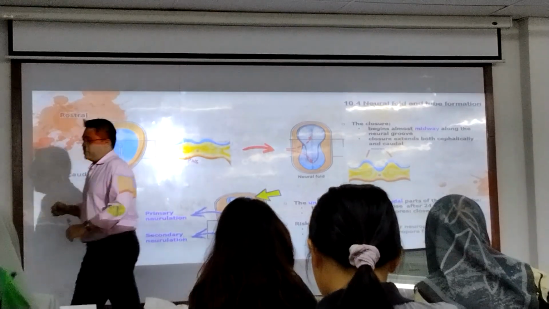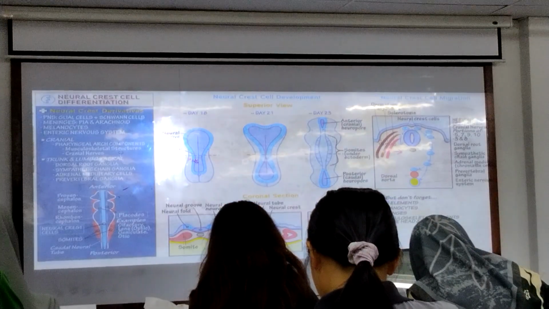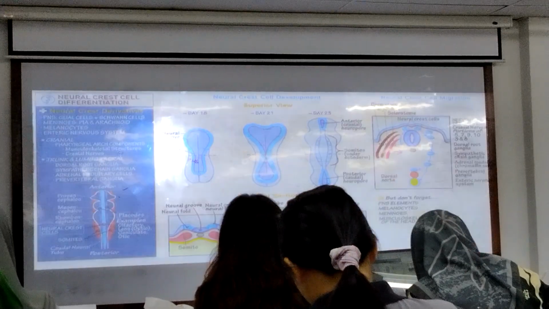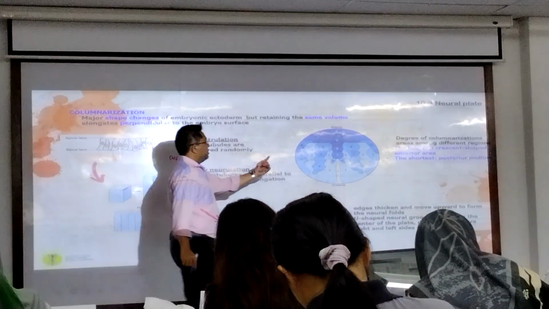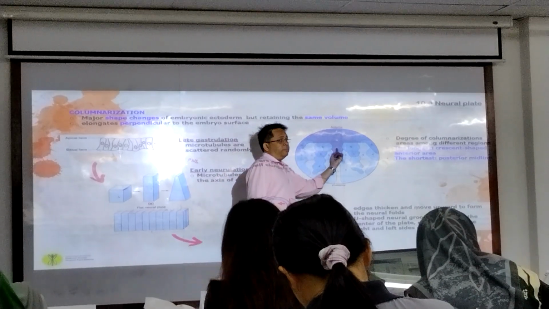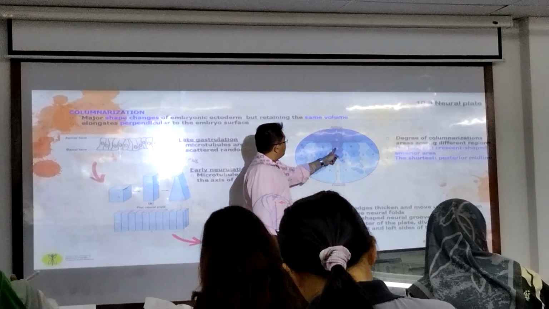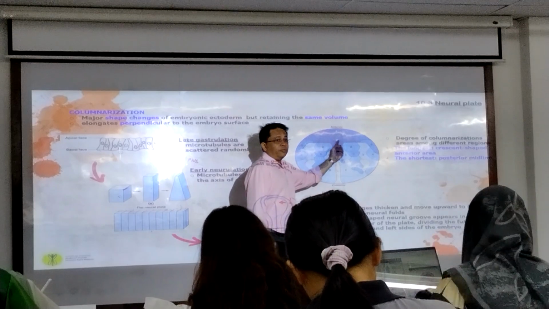One is the neck region. If you refer to this one, this is where the most stretched area is. If you look at about day 9, this is the most.